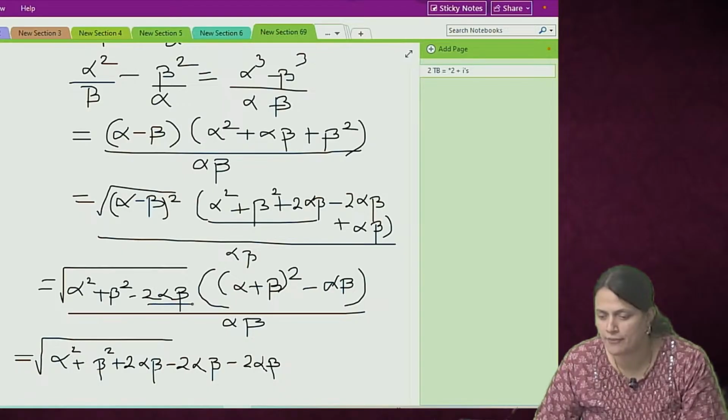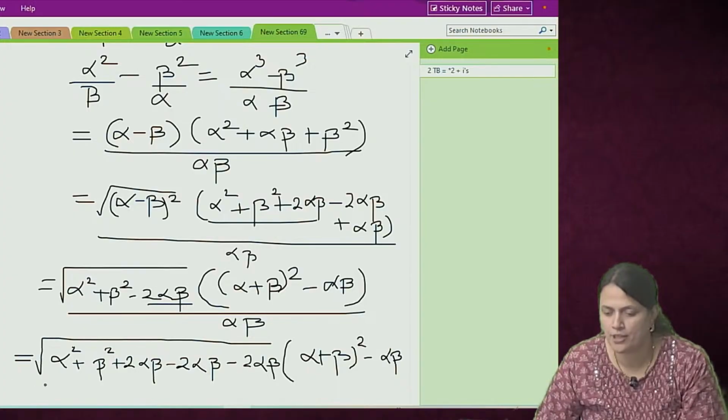This is the original alpha beta. 2 alpha beta into bracket alpha plus beta whole bracket square minus alpha beta upon alpha beta.